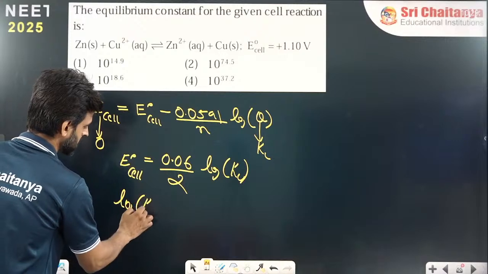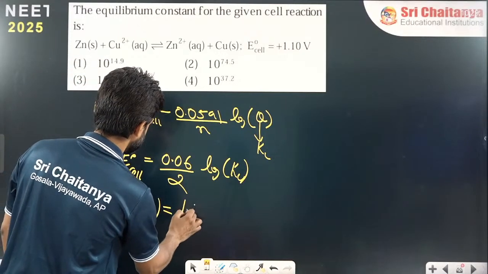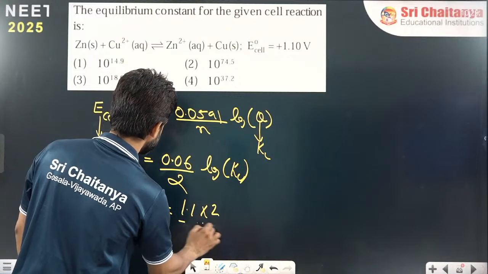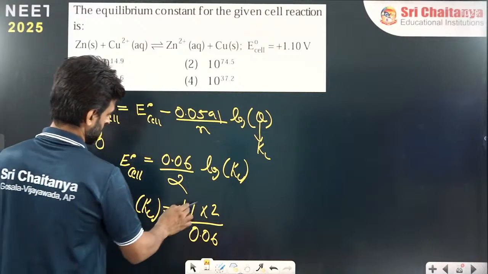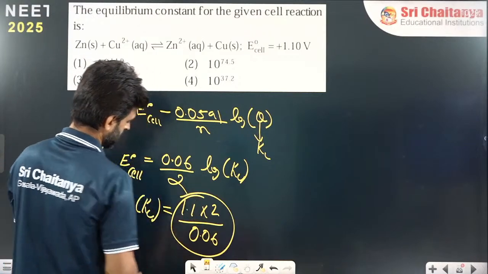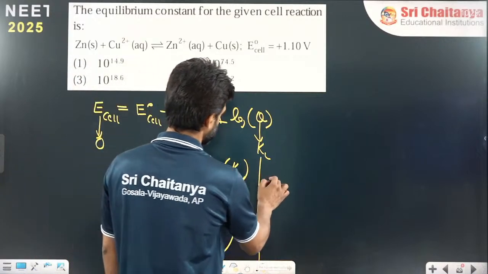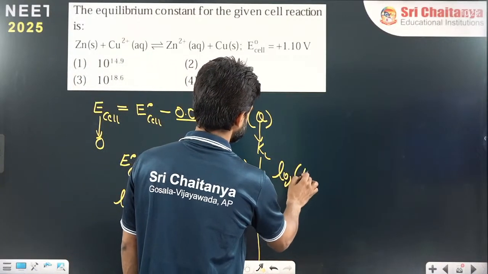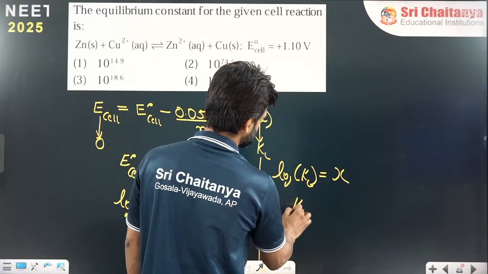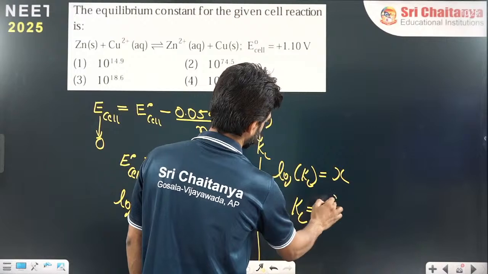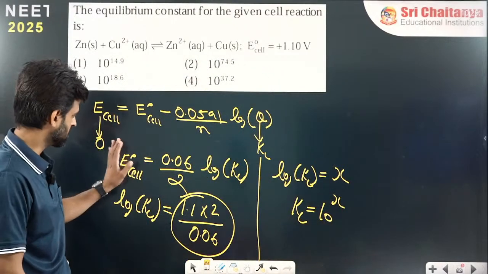E naught cell is 1.1, the 2 will go upside, divided by 0.06. Imagine this value is x, so log Kc equals x. So what is Kc? Kc is 10 power x.